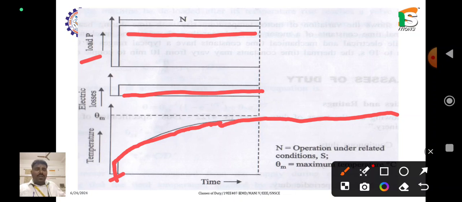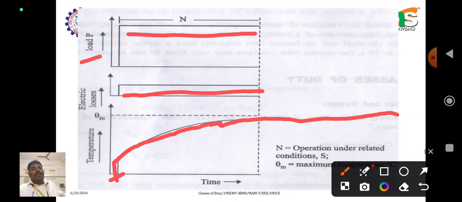It won't increase further, because once the temperature reaches the maximum value, that is called the steady or saturated value. After that, the further developed heat is dissipated into the surrounding medium.